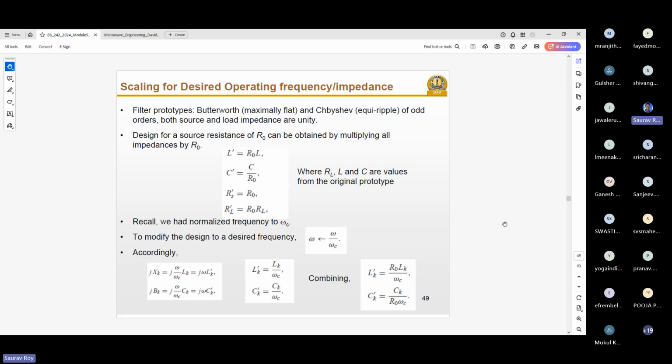So that is why, let's say you have to design for a cutoff frequency of 4 gigahertz, for calculation of your L and C parameters you have to divide these things here, as you see in the rightmost and bottommost equation pairs. There it shows how to calculate L prime and C prime. LK and CK are given in the table, and now based on your R0 and omega C requirement, you can select them.